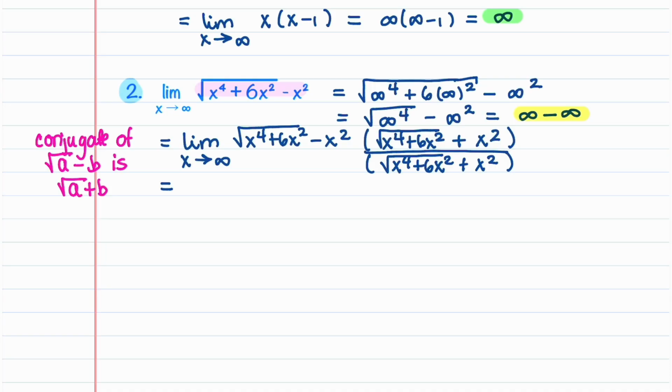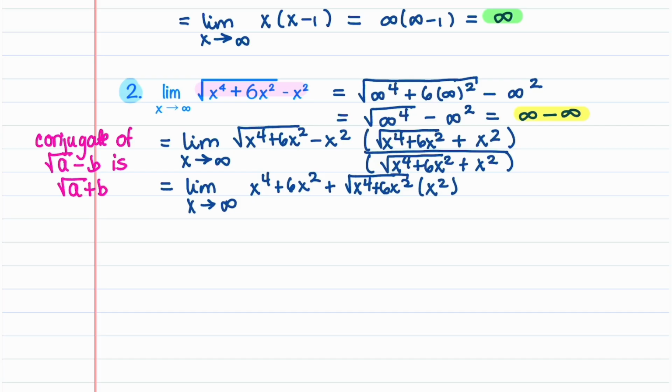Now let's go ahead and multiply things out. Just to make it easier, I'm going to use the FOIL method. So we're going to multiply the first terms. That's both of the square roots, and they multiply out to be x to the fourth plus 6x squared. And now we're going to multiply the outer terms. That is the square root of x to the fourth plus 6x squared times x squared.